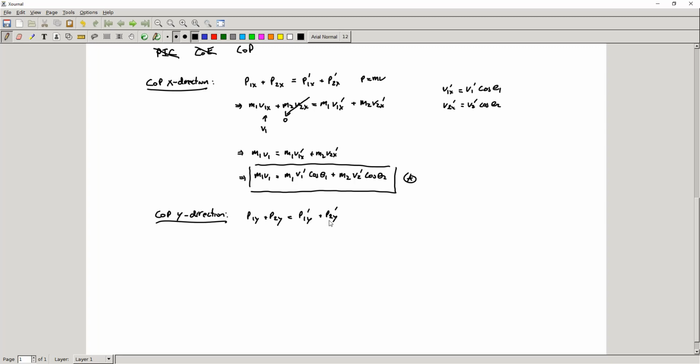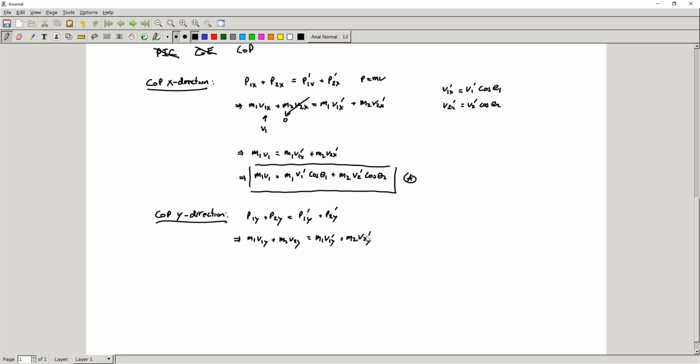And again, because we know we can rewrite momentum in terms of masses and velocities, we can write m1 v1y plus m2 v2y equals m1 v1y prime plus m2 v2y prime.